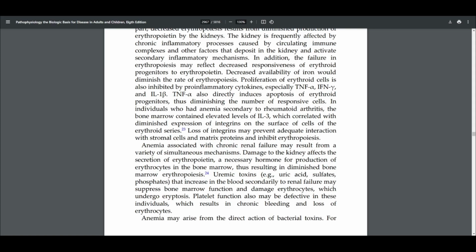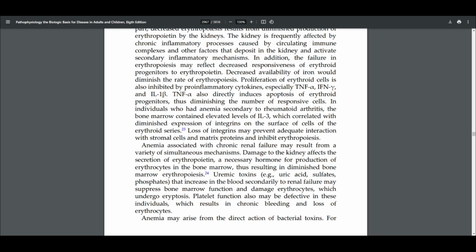Proliferation of erythroid cells is also inhibited by pro-inflammatory cytokines, especially tumor necrosis factor alpha, IFN gamma, and interleukin 1 beta. Tumor necrosis factor alpha also directly induces apoptosis of erythroid progenitors, thus diminishing the number of responsive cells.